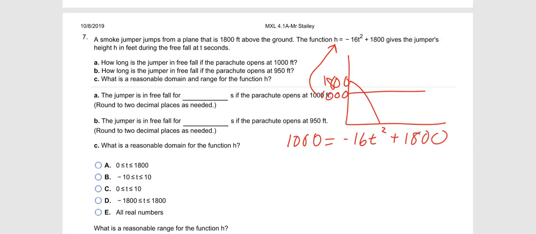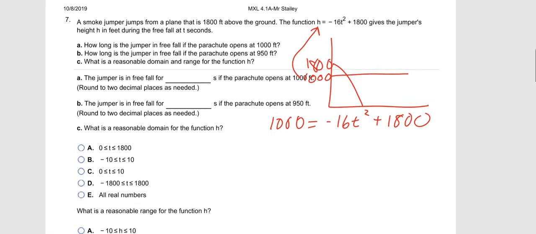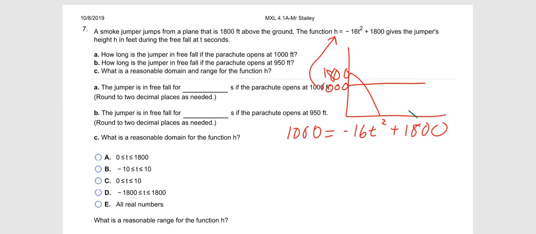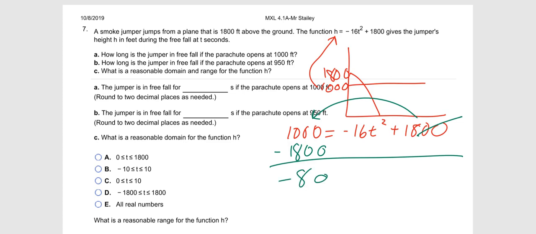Okay? It is a solving question, but it is not a factoring question. We are going to push that 1,800 to the other side. And if I subtract the 1,800 to the other side, I end up with negative 800 equals negative 16 t squared.